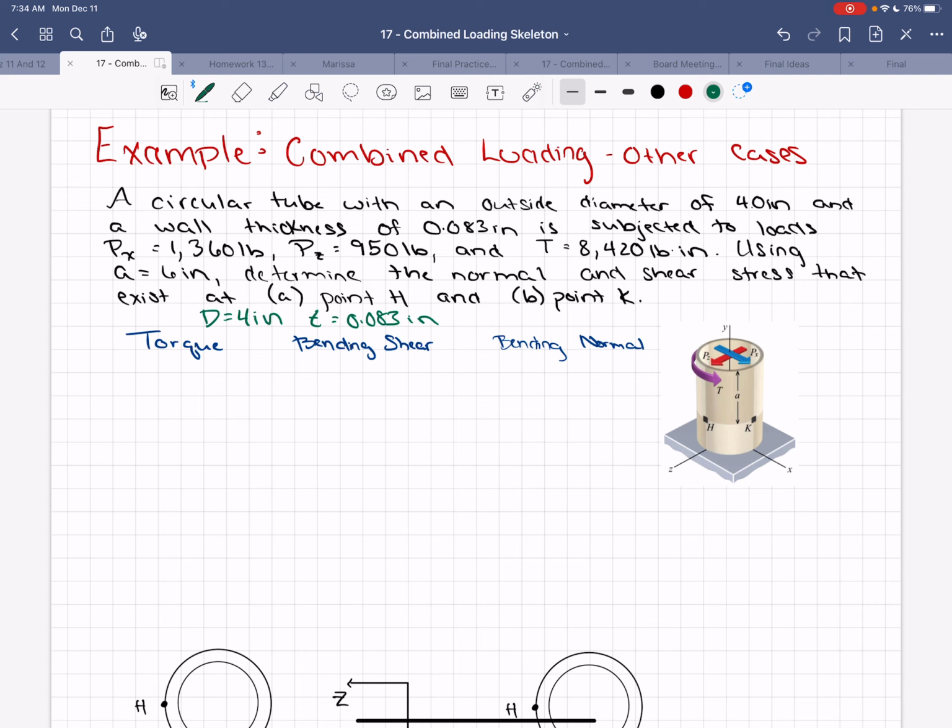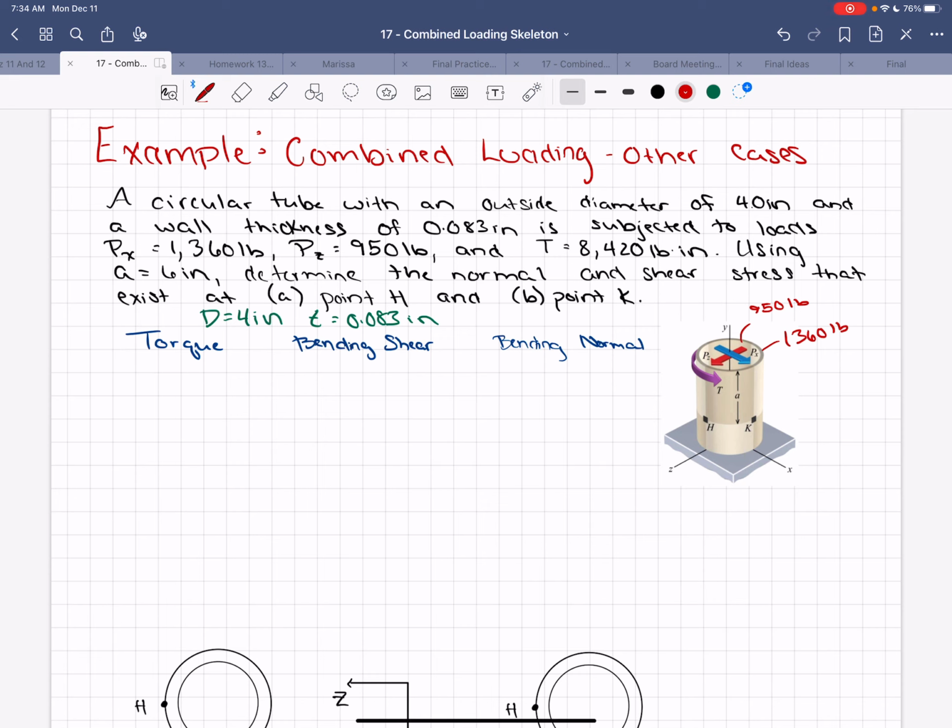And it's subjected to loads. Px, that's this one, is 1,360 pounds. Pz is 950 pounds.